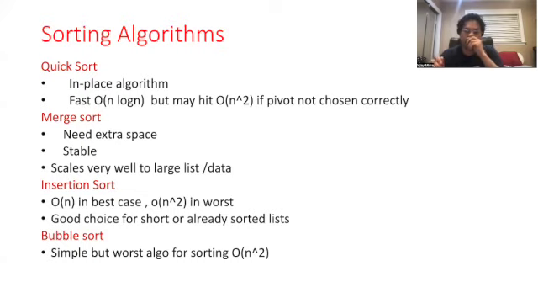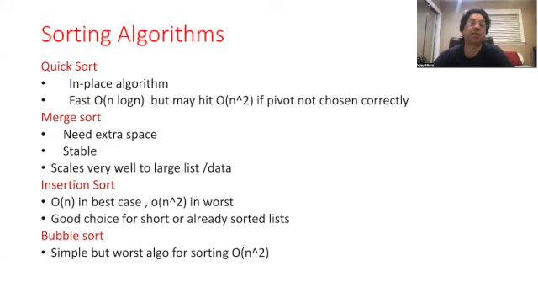Quick sort works on the mechanism where we find one element which works as a pivot, and then we do the partitioning and find the elements less than this pivot and more than the pivot in the first iteration, and keep on doing the same thing in the left and the right sub-halves. So quicksort is a divide and conquer algorithm, and it's very effective.